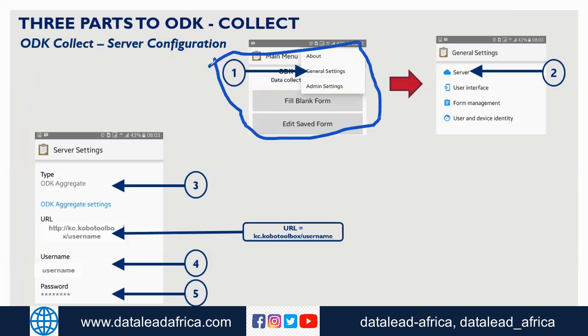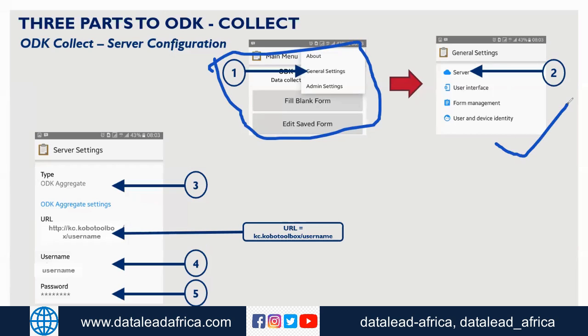It will have about, general settings, and admin settings. Click on the general settings. Once you click on the general settings, you can move to the next drawing on my slide. You will see server. So click on server.